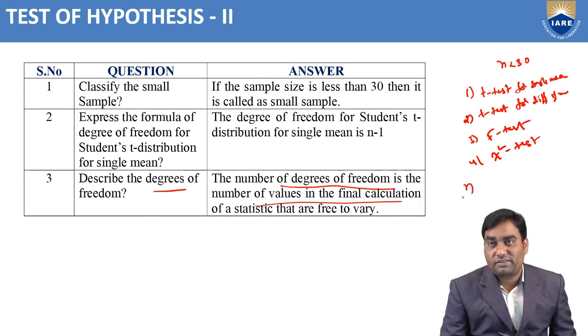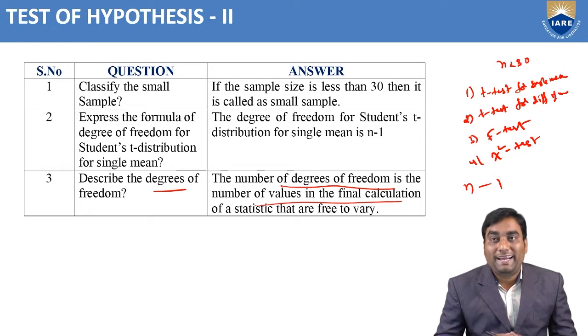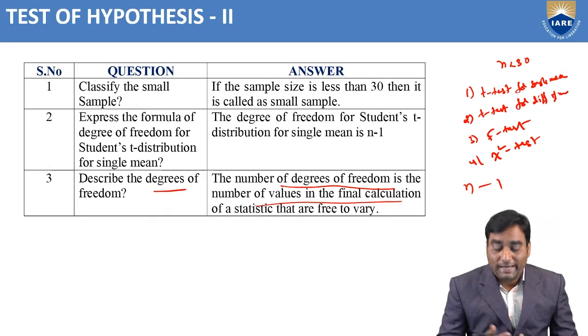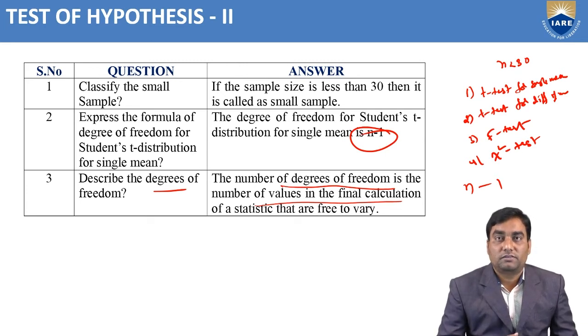Suppose the total number of events is n, we can take n minus 1 as the number of independent variables. The number of independent variables is known as degrees of freedom. In t-test for single mean, the number of degrees of freedom is n minus 1.